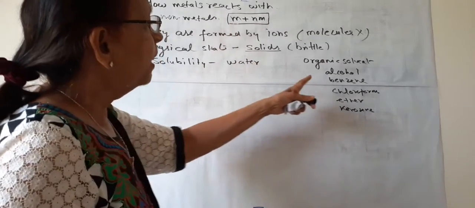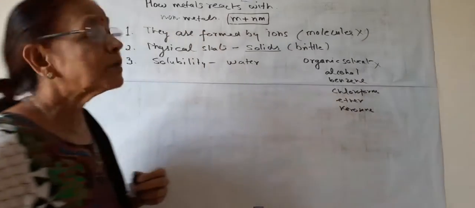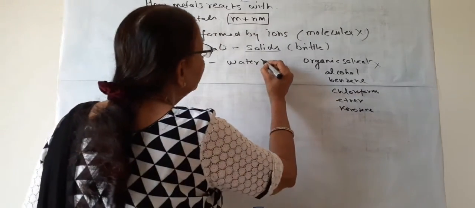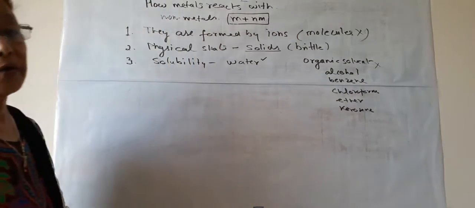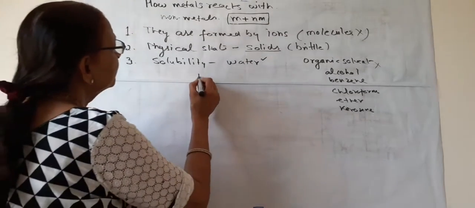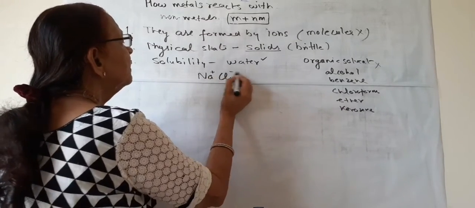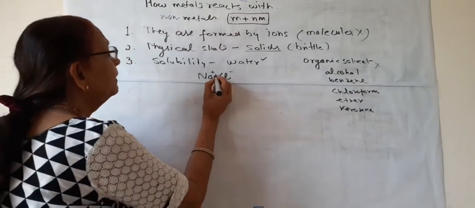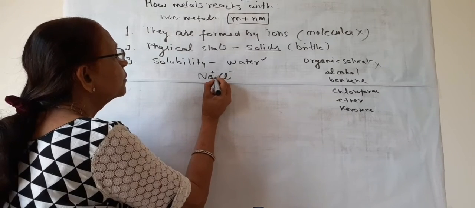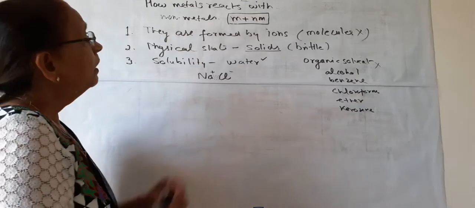These ionic compounds are insoluble in organic solvents, but they are very much soluble in water. Why are they soluble in water? Suppose we have NaCl. We know they are having charges, and there is a great force of attraction between these charges.